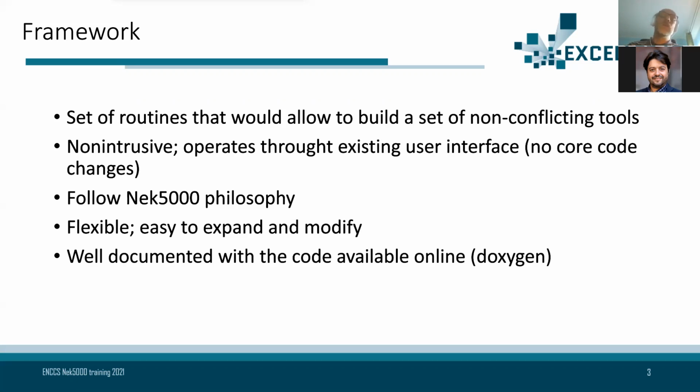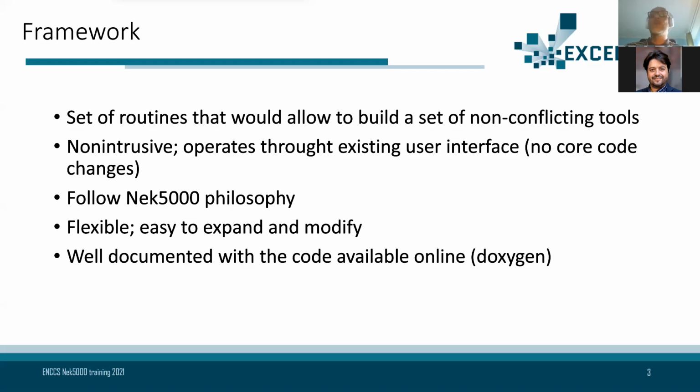So our idea was to do something that would allow you to easily combine multiple different parts of the code written by different people, maybe not in the easiest way, but in a kind of easy way. But at the same time, we didn't want to go into the Nek core code. We wanted to operate through the existing interface.